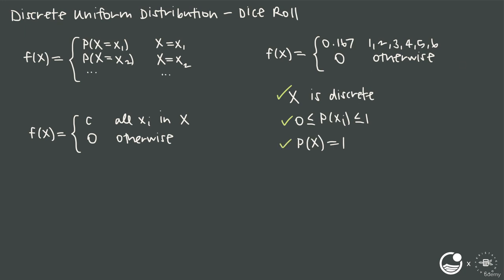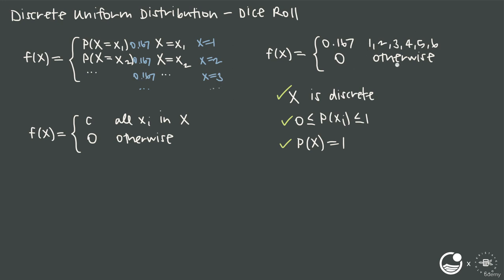Another way to write this probability mass function for the discrete uniform distribution is if we broke it out like this: 0.167 for x equals 1, 0.167 for x equals 2, 0.167 for x equals 3, and we could keep going, putting each value on its own line.